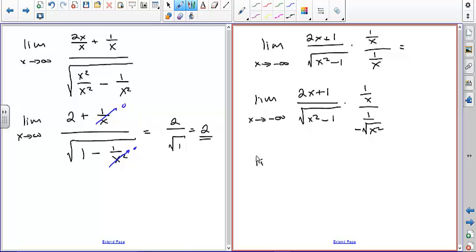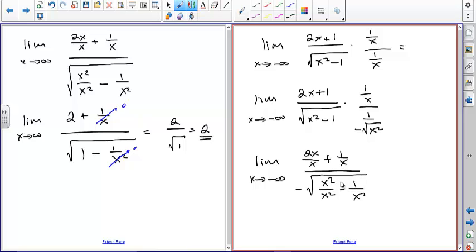So multiply it out. You'll get 2x divided by x plus 1 divided by x divided by negative the square root. This negative is outside, so you leave it outside, and the stuff goes inside. So you get x squared over x squared minus 1 over x squared.